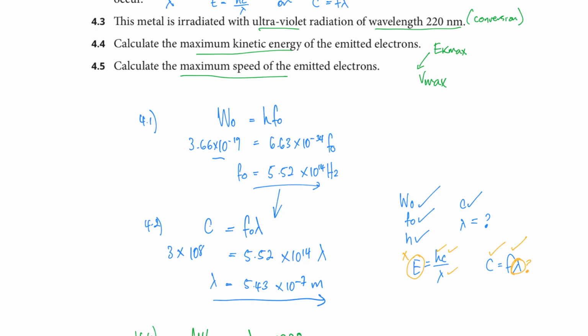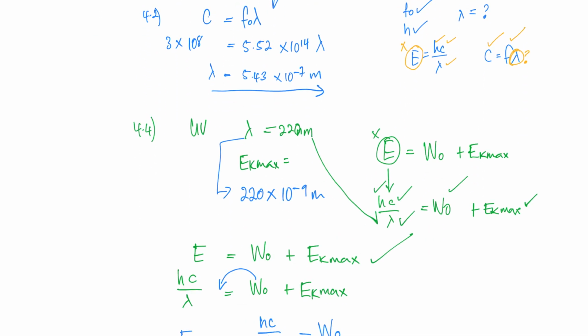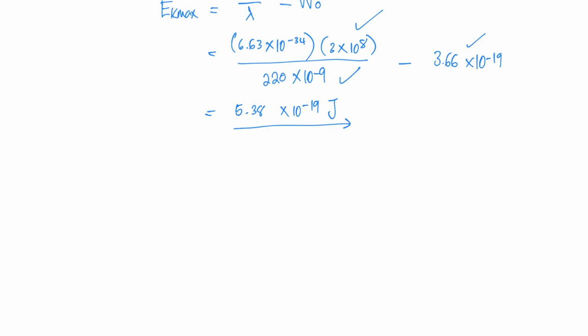Question 4.5 says they want the maximum speed, so they want Vmax. In order to get Vmax, the only formula I can use is EK max, or maximum kinetic energy, is equal to half m v max squared.